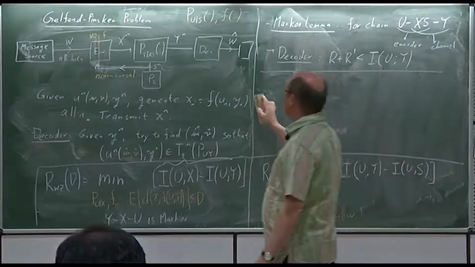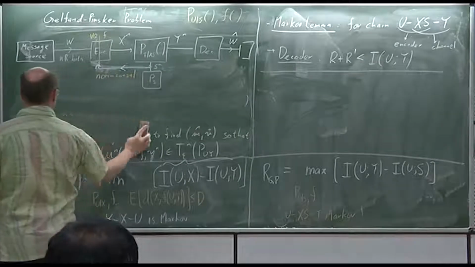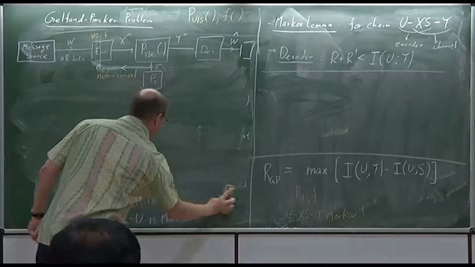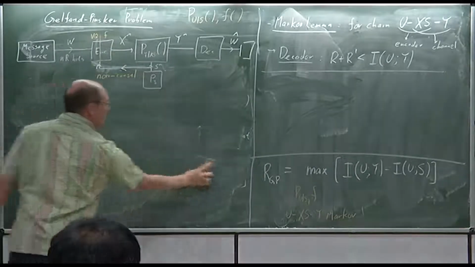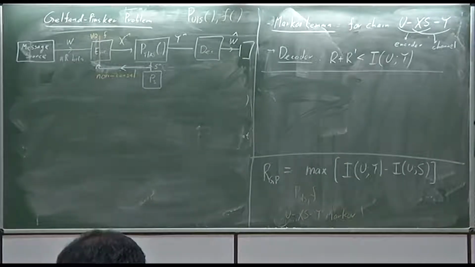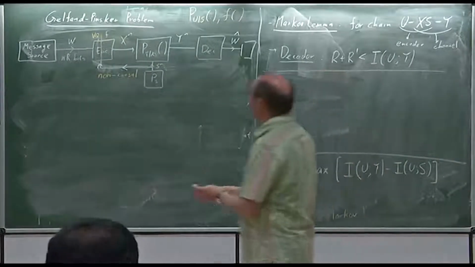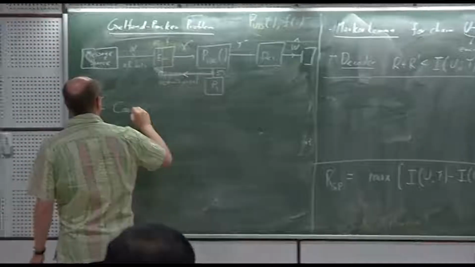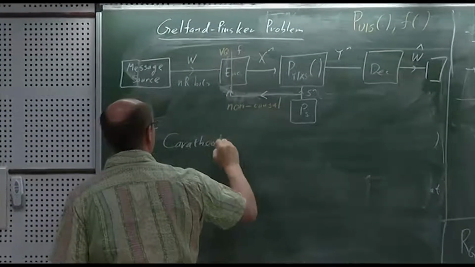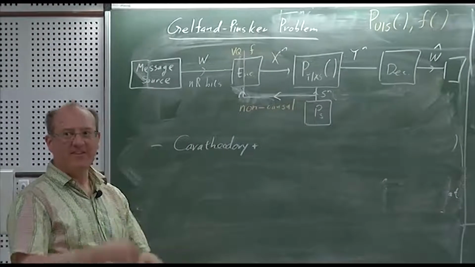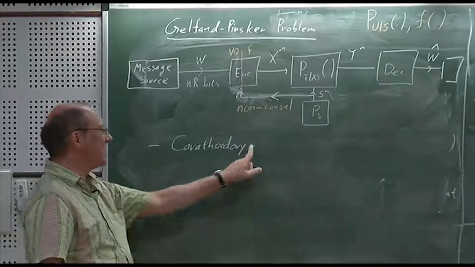Okay, so let's do a couple of comments on this. Just like for the Wyner-Ziv problem, we have a cardinality issue again. Cardinality constraint, same as for Wyner-Ziv. Carathéodory plus. What I mean by plus is the Eggleston strengthening of Carathéodory's theorem.